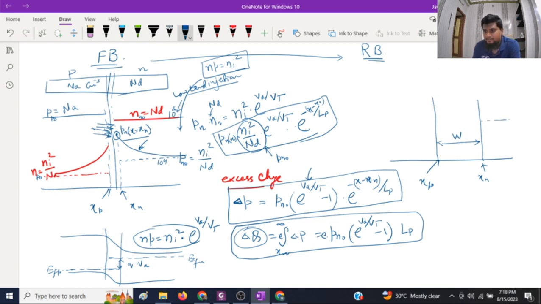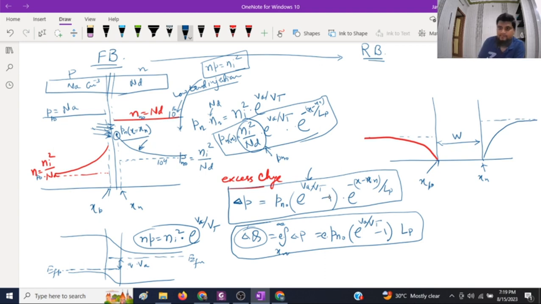And if you use the same concept, because now VA is actually minus VA, you will find that it will go like this. So these are the minority charge carriers on the N and P side.